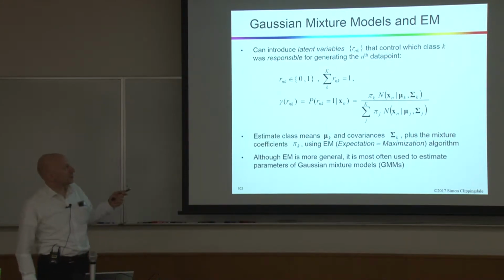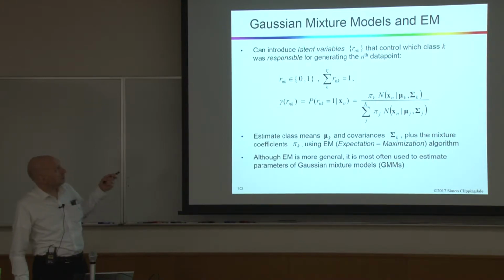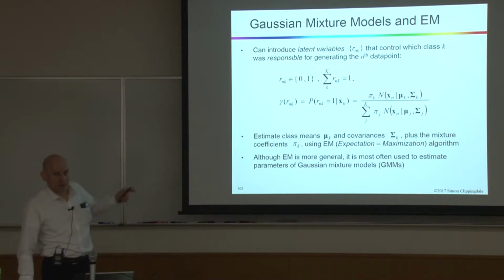So we use a thing called the EM algorithm to estimate the parameters of these models. You can introduce, again, so-called latent variables now that control which class was responsible for generating the nth data point. Kind of like the class membership in k-means clustering, but slightly different.